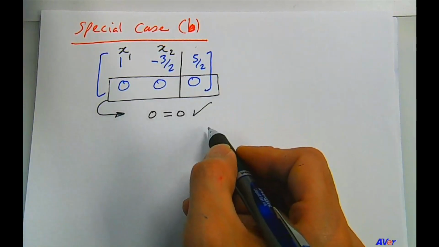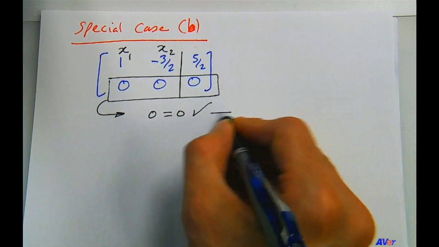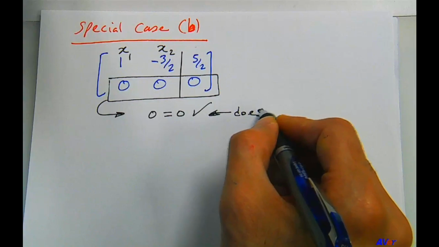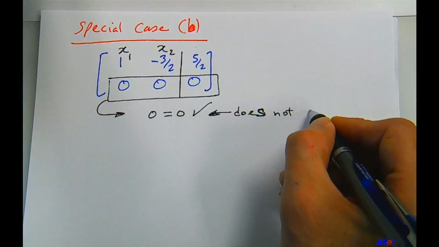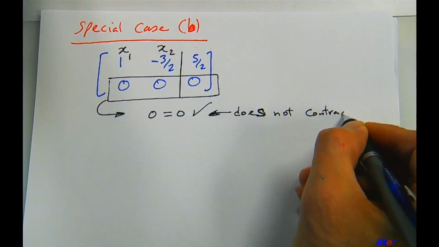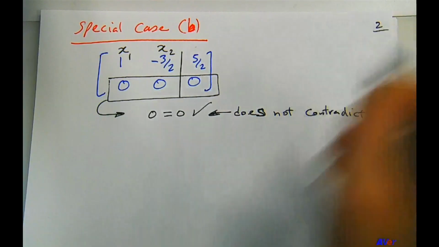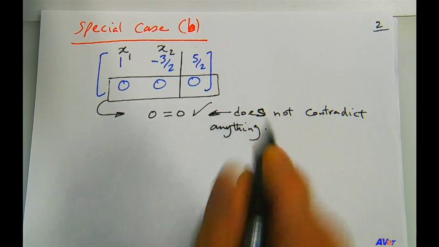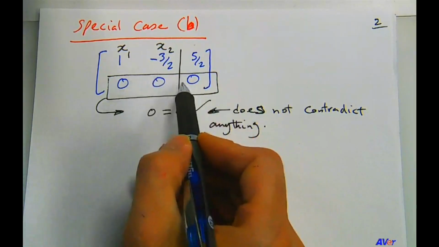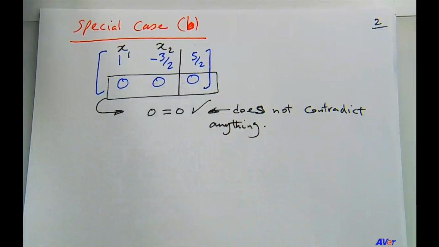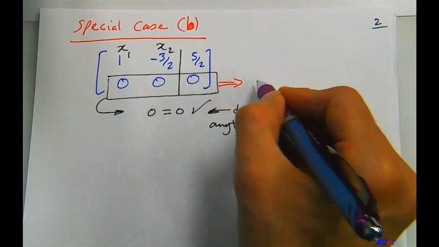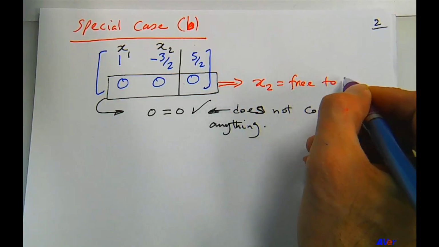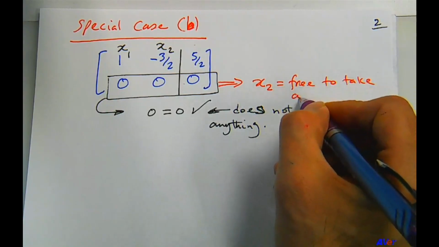This equation does not contradict anything. 0 is always equal to 0. So from this, the bottom equation means that x2 is free to take any value.